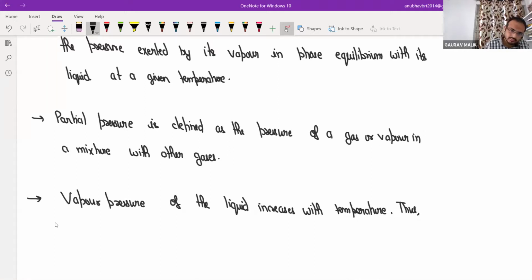Thus, a liquid at higher pressure boils at a higher temperature.